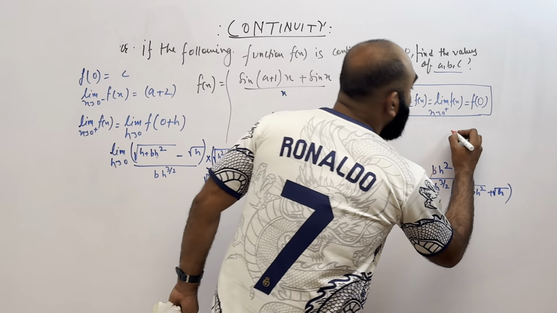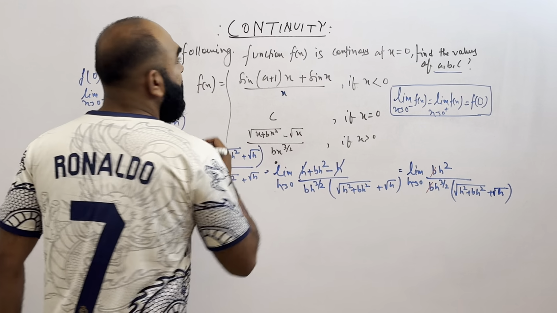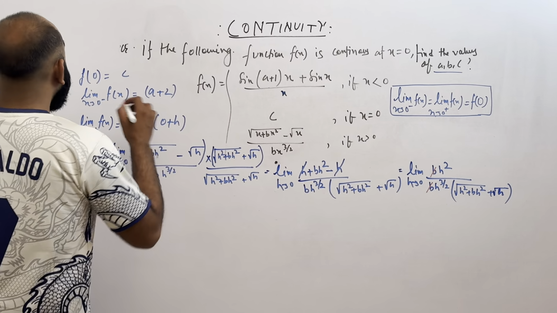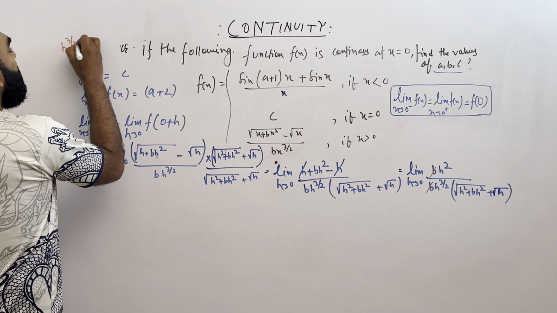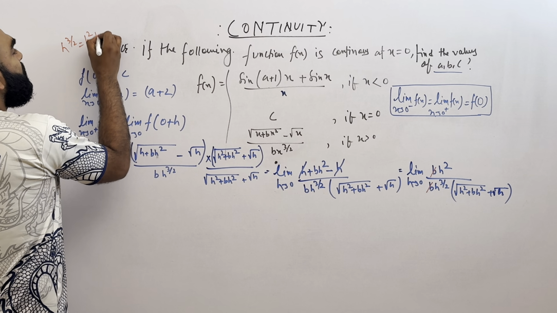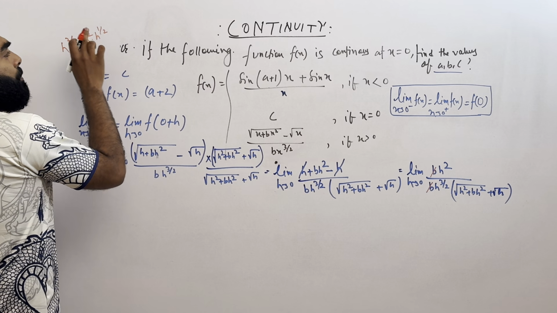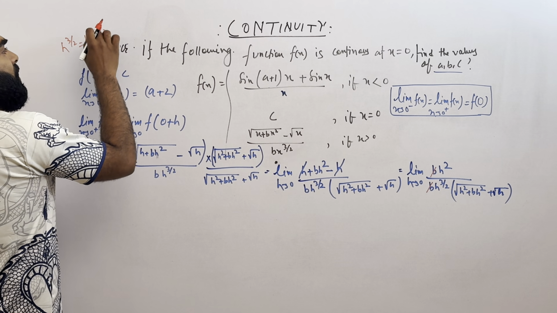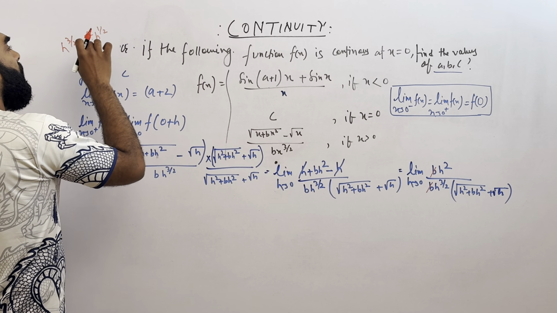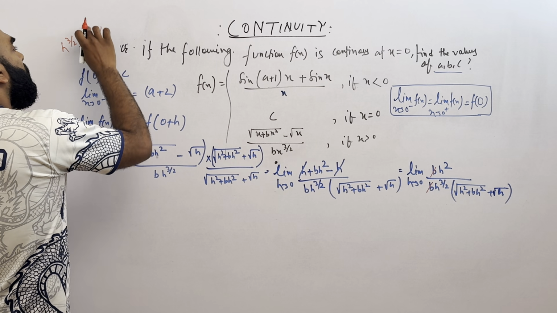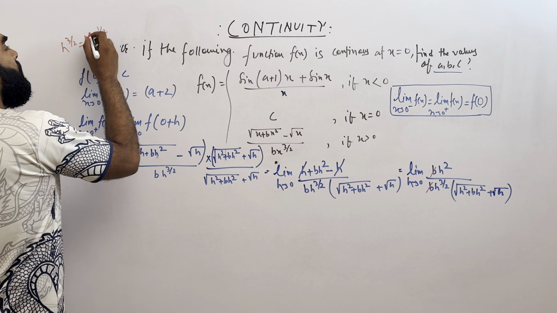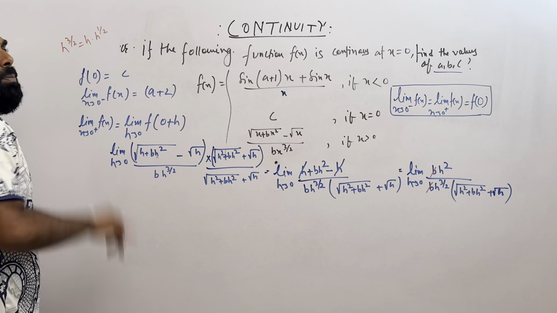See, h to the power 3 by 2, I'm writing here only. h to the power 3 by 2 is written as h square into h to the power 1 by 2? No, it is written as h into h to the power 1 by 2.